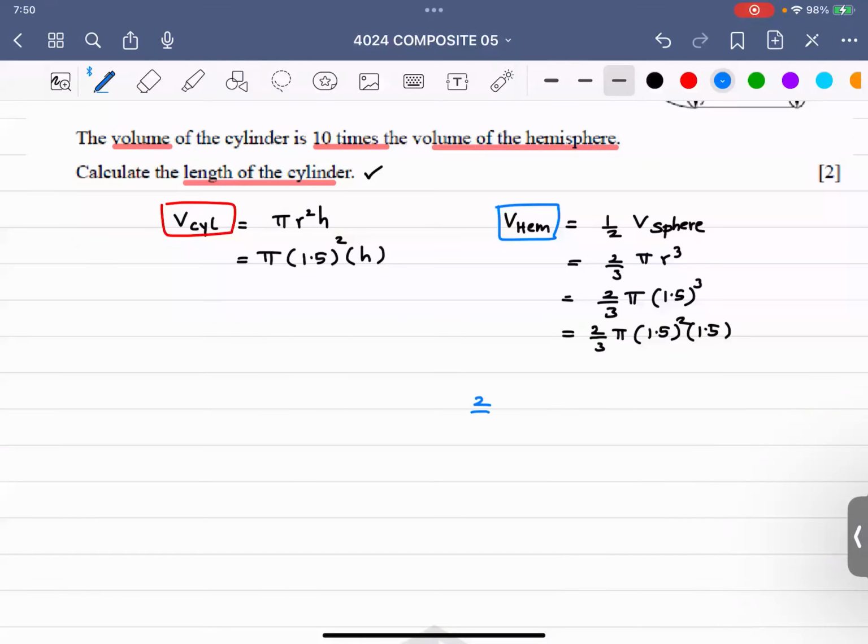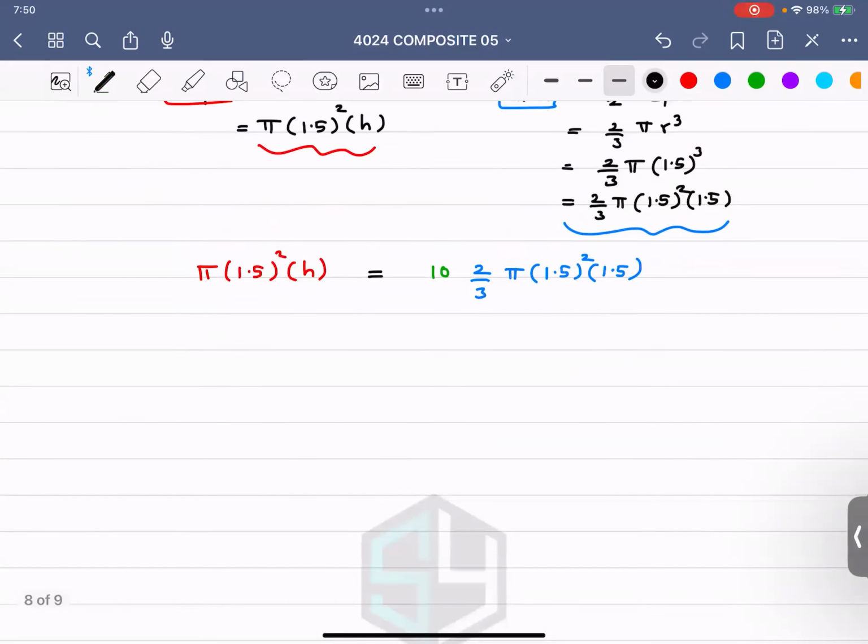So this is 2/3 pi into 1.5 square into 1.5. That is this thing. And volume of cylinder is pi into 1.5 square into h. And the ratio is 10 times. So this is 10 over here, and then there is equal. Now let's multiply it out.